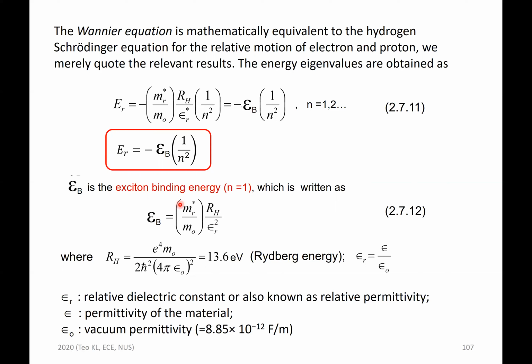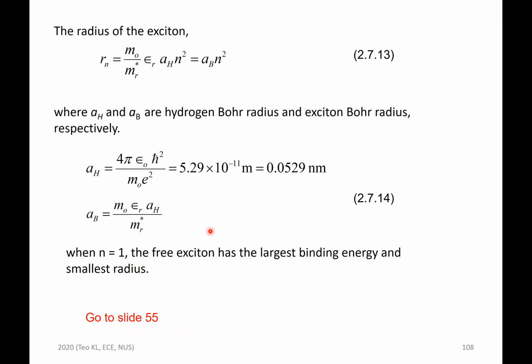And this is easy to calculate because mr is just the reduced mass of the semiconductor. RH is 13.6 eV, which is the Rydberg energy, and εr is the relative dielectric constant of the semiconductor. Now, in the hydrogen atom, the lowest orbit where the electron moves around the proton is known as the Bohr radius, aH, and this is calculated to be 0.0529 nanometer.